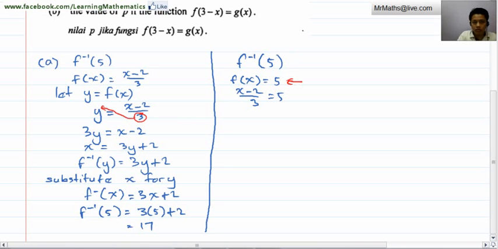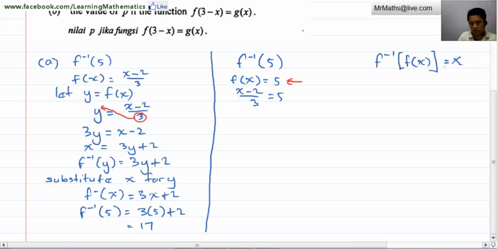As you know, if you do a nested function, f inverse of f(x), you put f(x) into the argument, this will come back to square 1, which is equal to x.